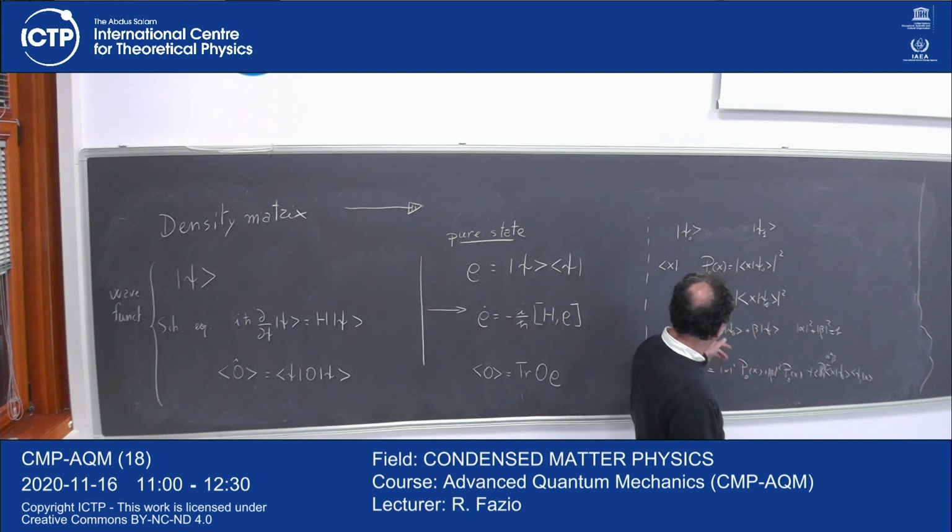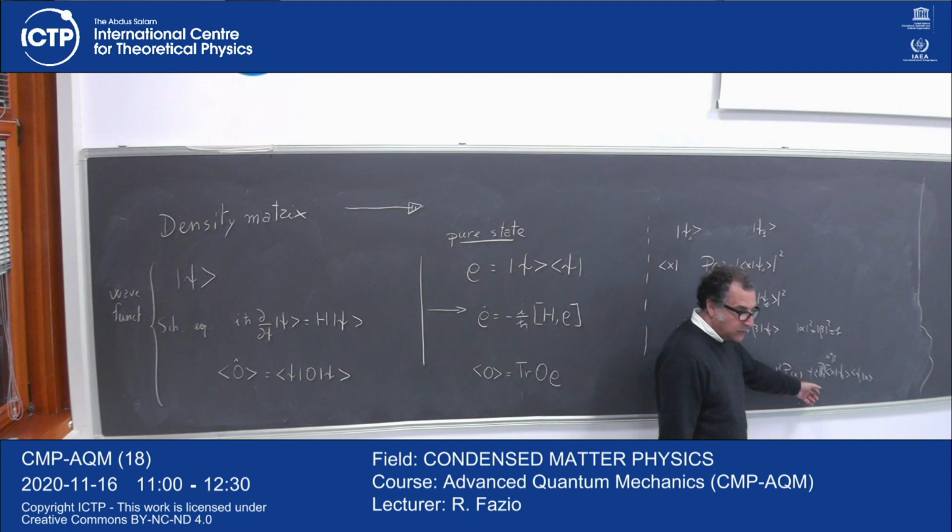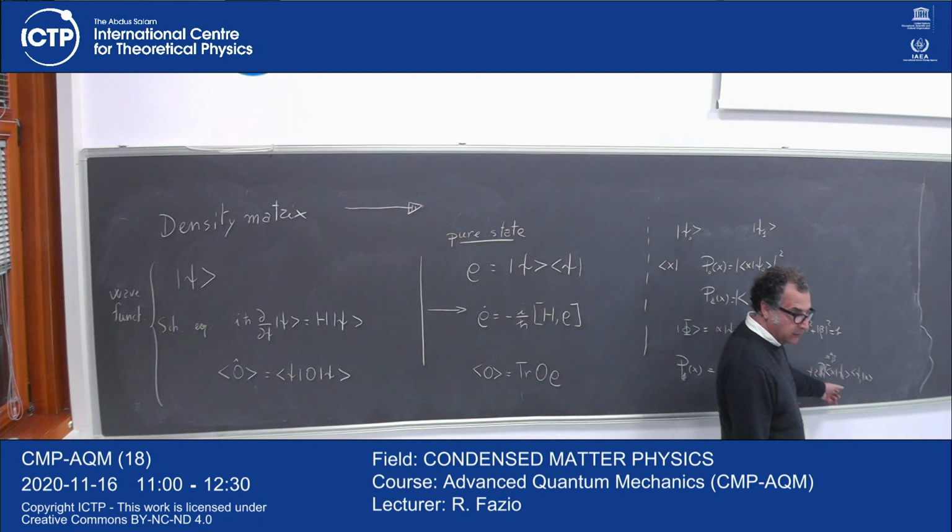So you see that because of the superposition principle, the probability is not given by the sum of the probabilities, but there is also some interference term.